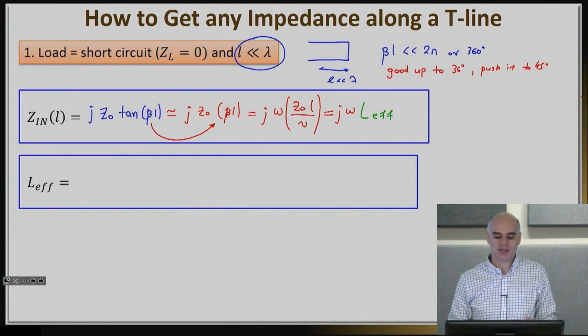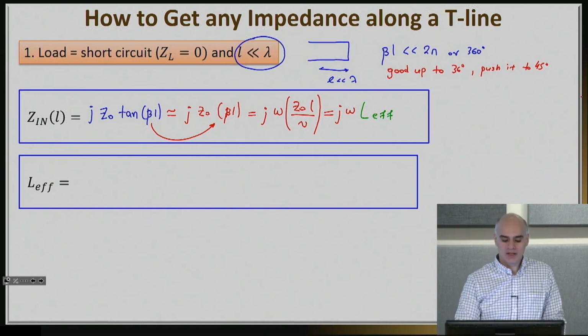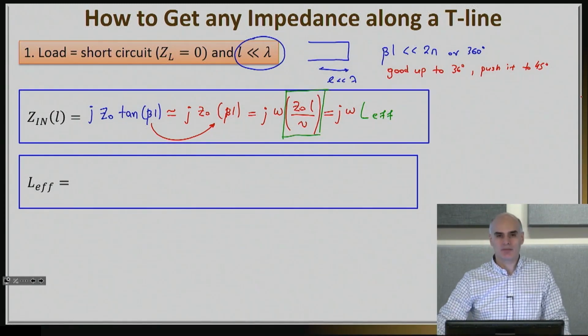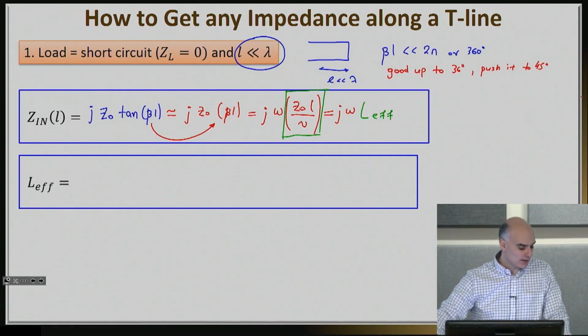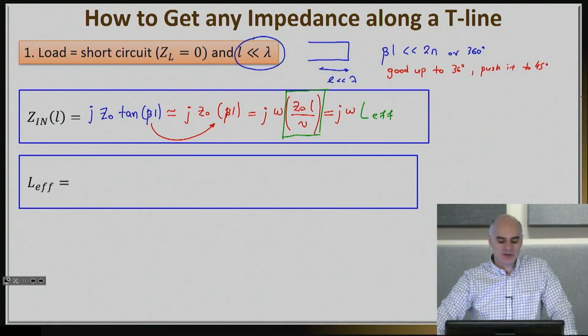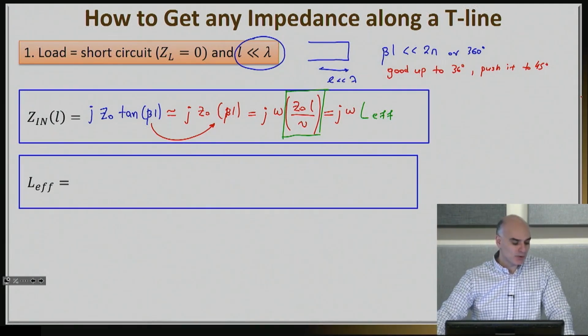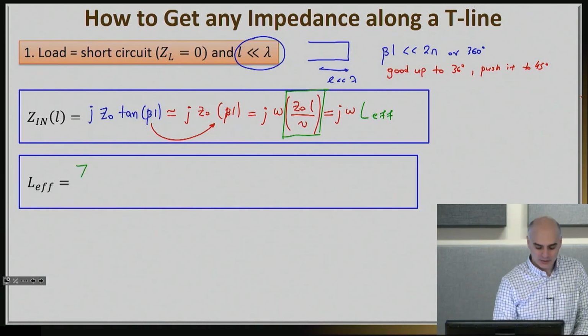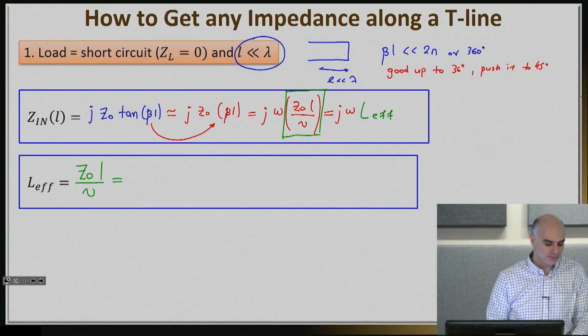The impedance of an inductor is j omega times some value, while this value of the inductor is equal to Z0 L divided by V, the speed in the transmission line. So essentially, that means that it is possible for me to create an effective inductance, L effective, which is equal to Z0 L divided by the phase velocity V.